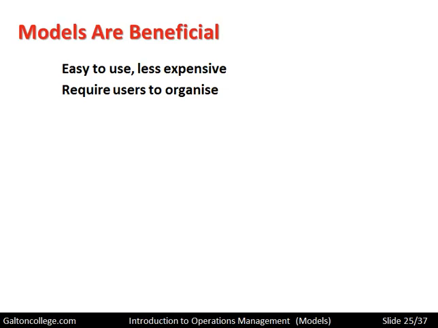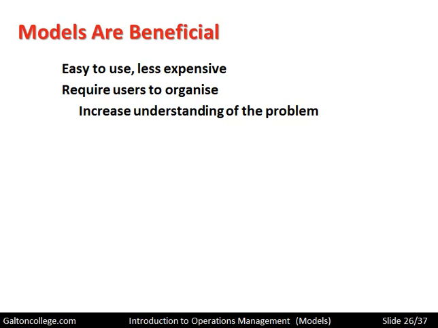So they require users to recognize and understand the problem, to recognize and deal with the problem. Recognize it, understand it, and deal with it. Users can see what the system is or would be like from the model.